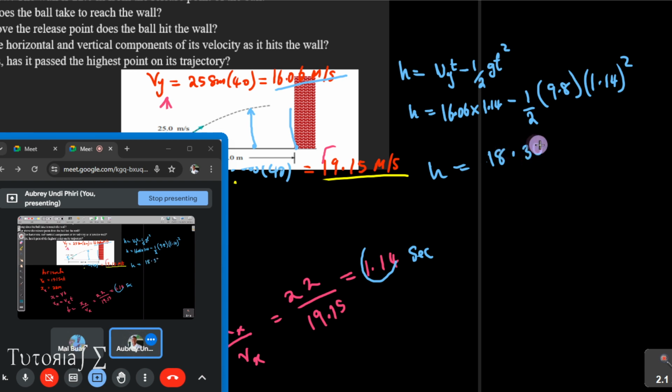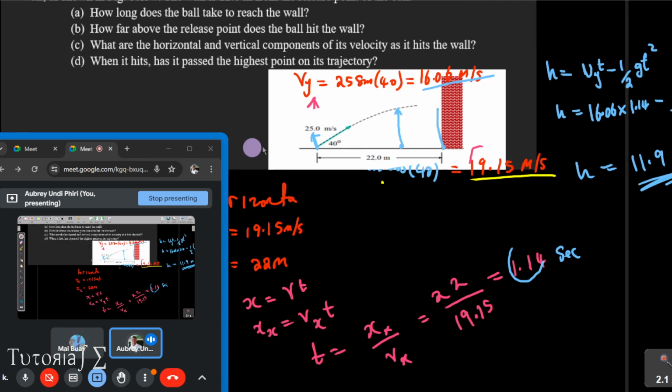When you subtract, we're going to get 11.9 meters. So that will be the height at which it hits the wall.